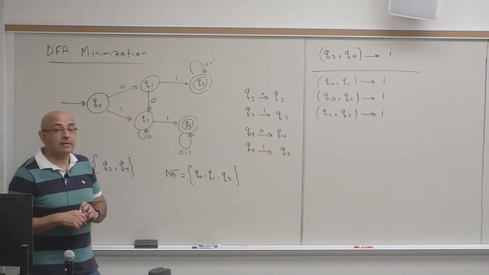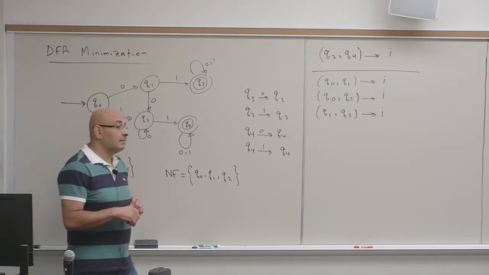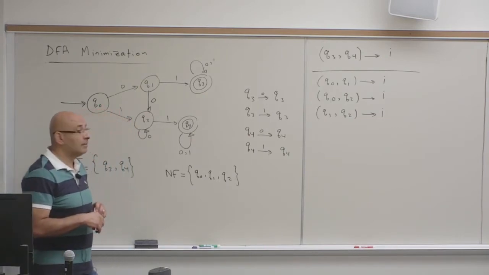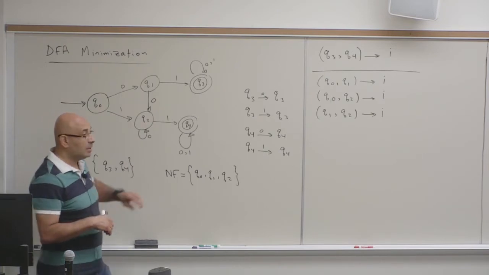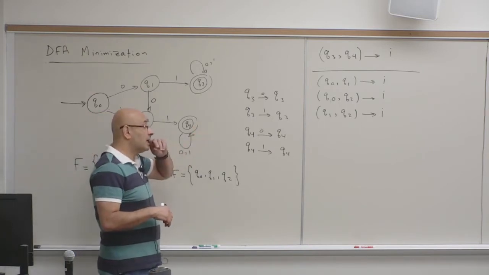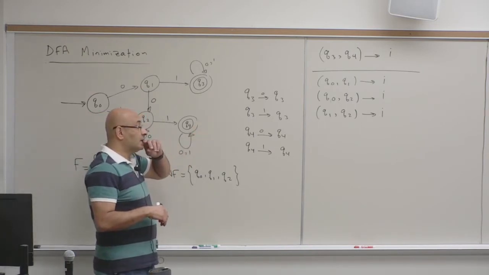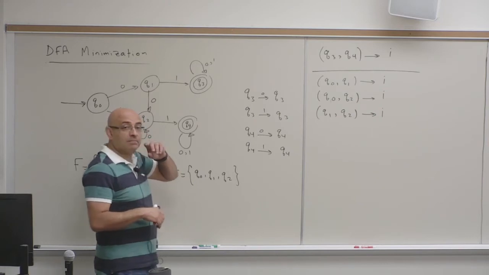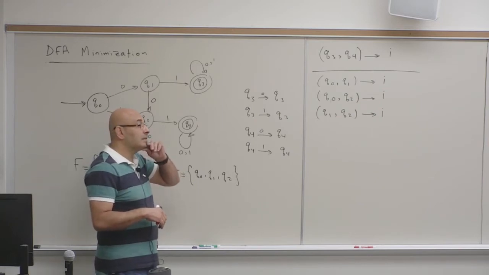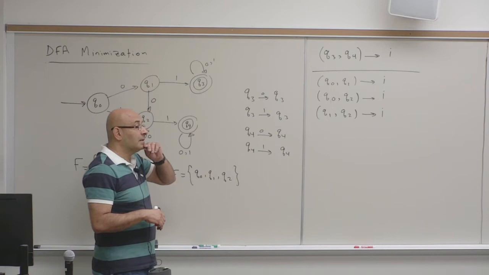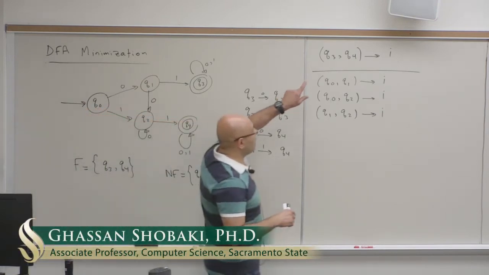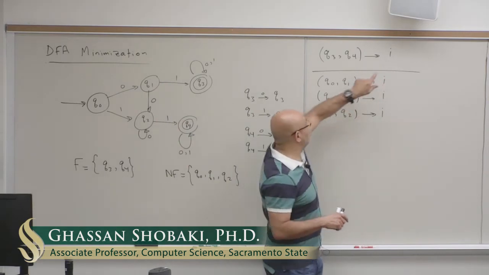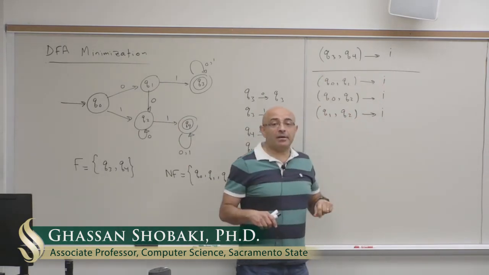Because they both loop on themselves with a 0 and a 1. You can substitute Q3 for Q4 or vice versa, and the rules look the same. Yeah, exactly. The key idea is that we are assuming that at this point, Q3 and Q4 are indistinguishable.